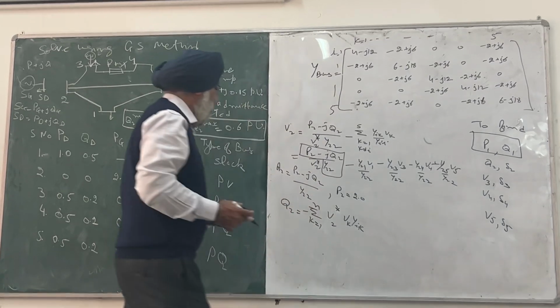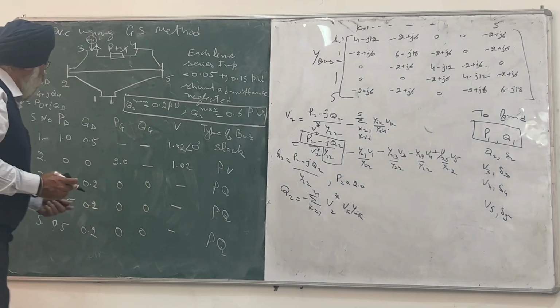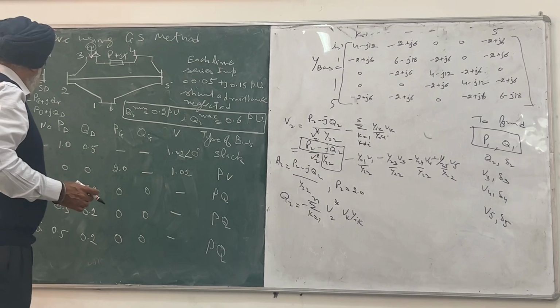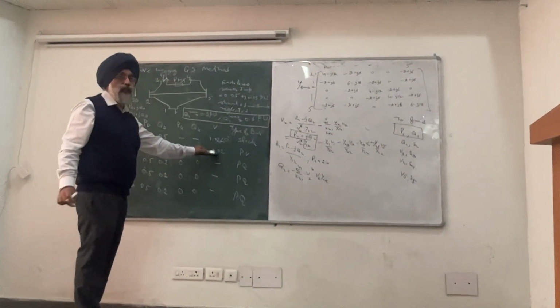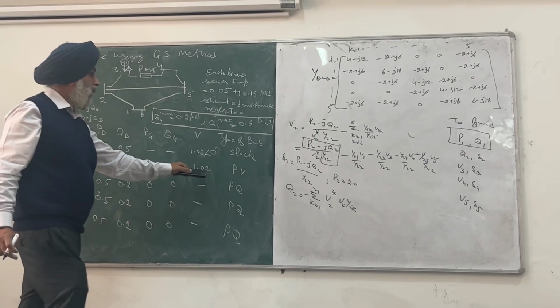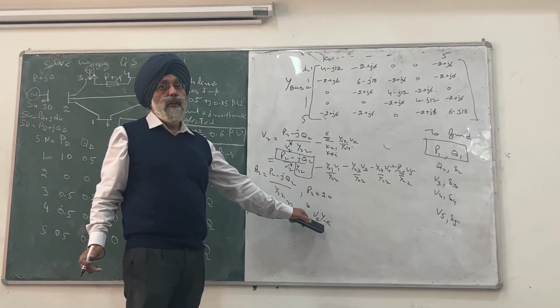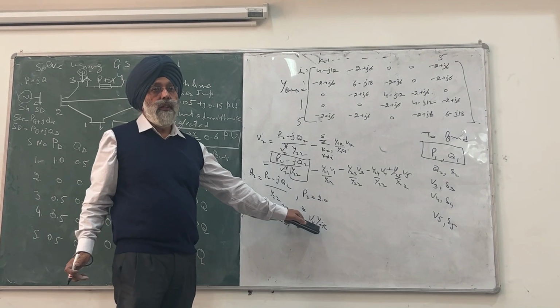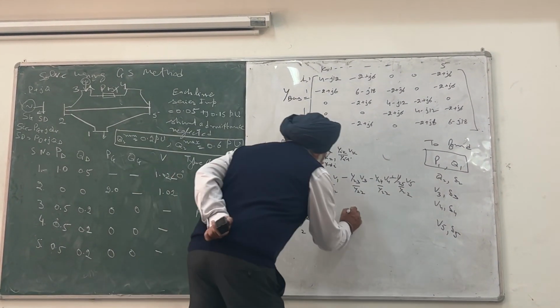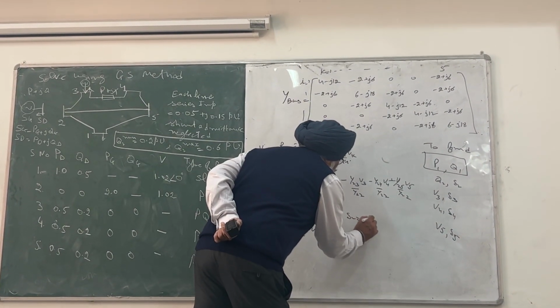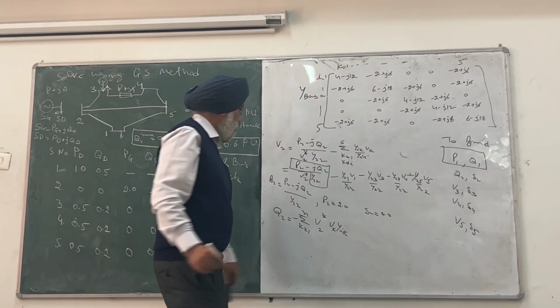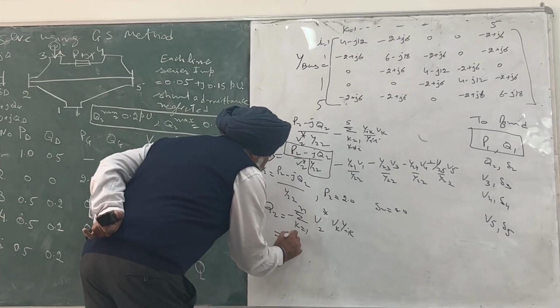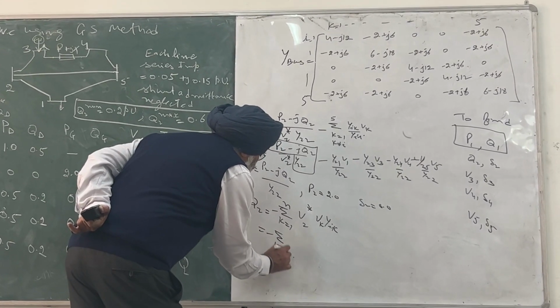So V2 star, for the bus number 2, the magnitude of V2 is given, but delta 2 is not given. So we have to assume delta 2. Delta 2 is equal to 0.0 degree. So V2 star here is equal to 1.0 angle minus 0, K varies from 1 to n.